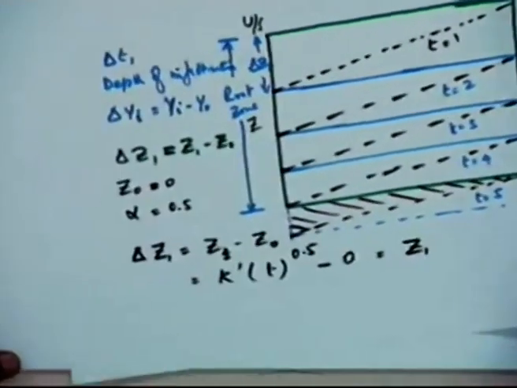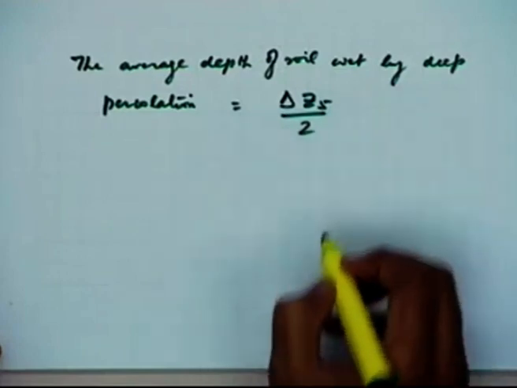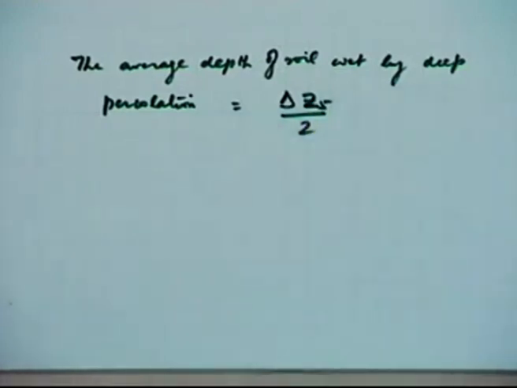So this deep percolation, if you want to know that how much deep percolation you have indulged into, you can express that as delta Z5 by, that is the average deep percolation.